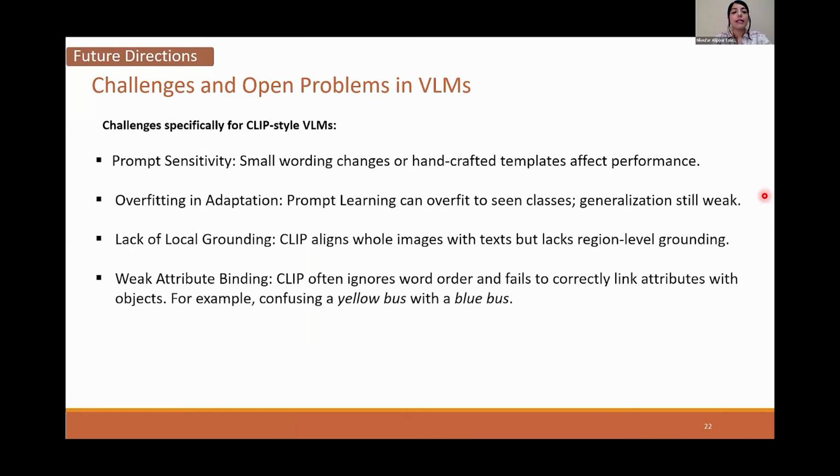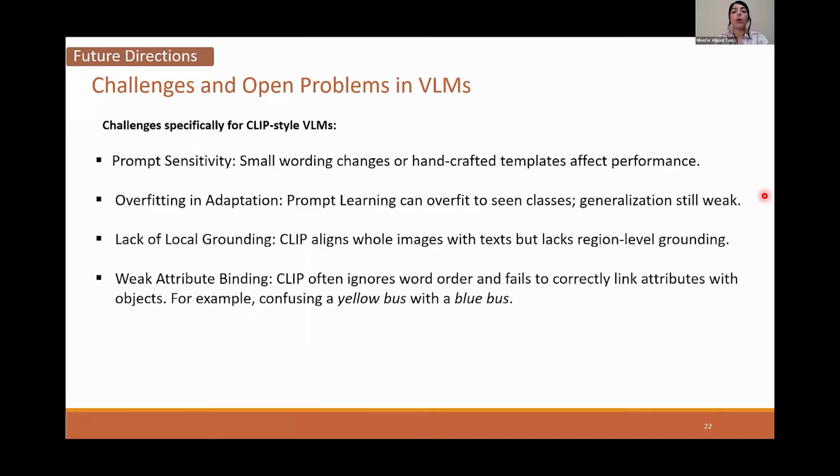There are some challenges that we talked about. They are somehow more related to the CLIP-style VLMs, like prompt sensitivity that we talked about, or overfitting in adaptation. But the other problem that we didn't talk about is lack of local grounding.